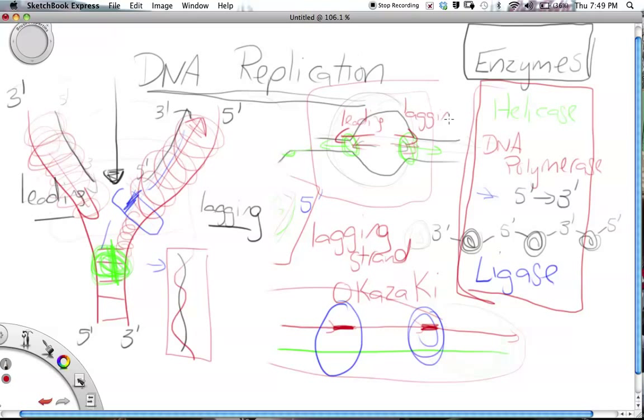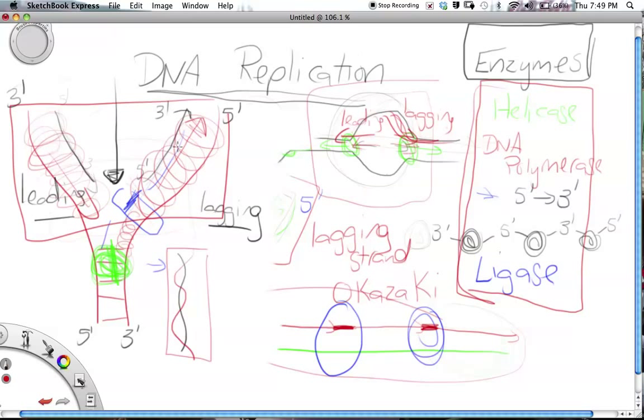So this same strand of DNA is known as the lagging strand. Now, it looks confusing because it's the same strand of DNA, but if you look at just the replication fork, it'll look at leading versus lagging and not the actual whole molecule of DNA.